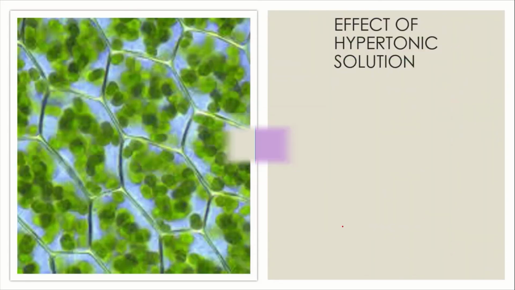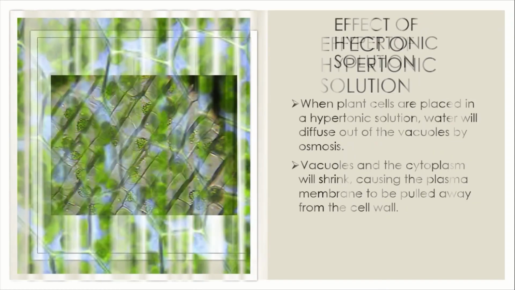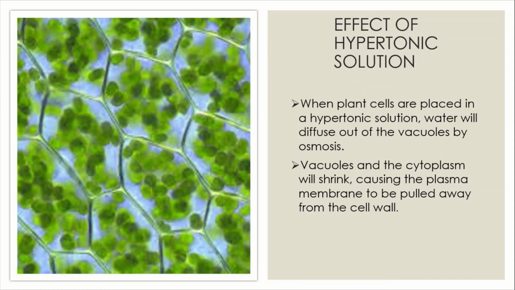Next, effect of hypertonic solution on plant cell. When plant cells are placed in hypertonic solution, hypertonic solution means that it has high solute concentration and low water potential compared to plant cell.